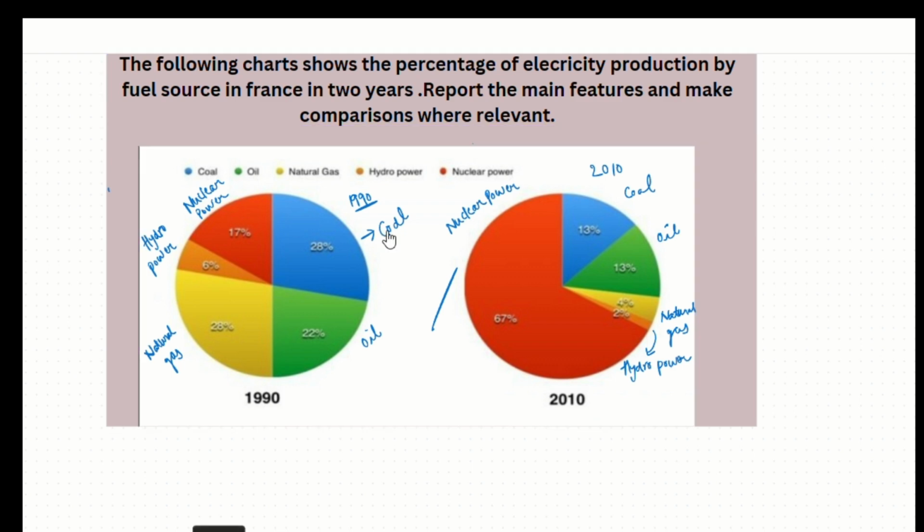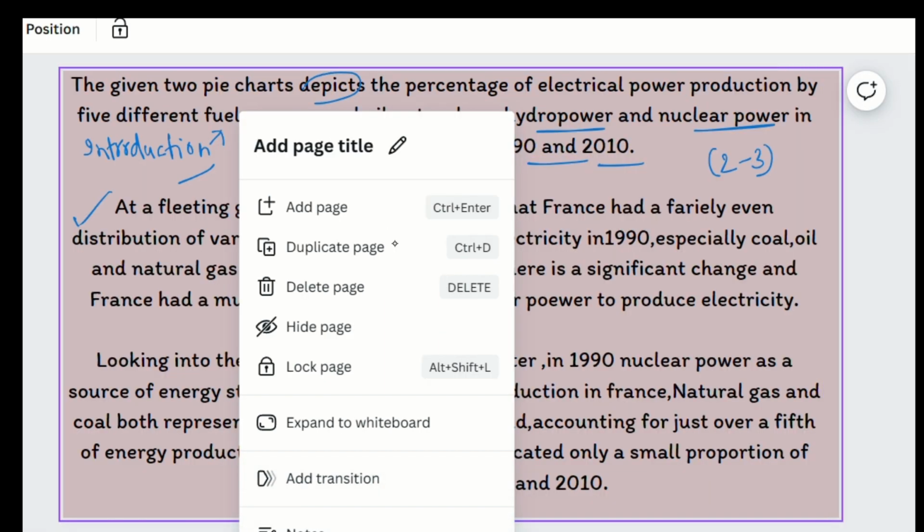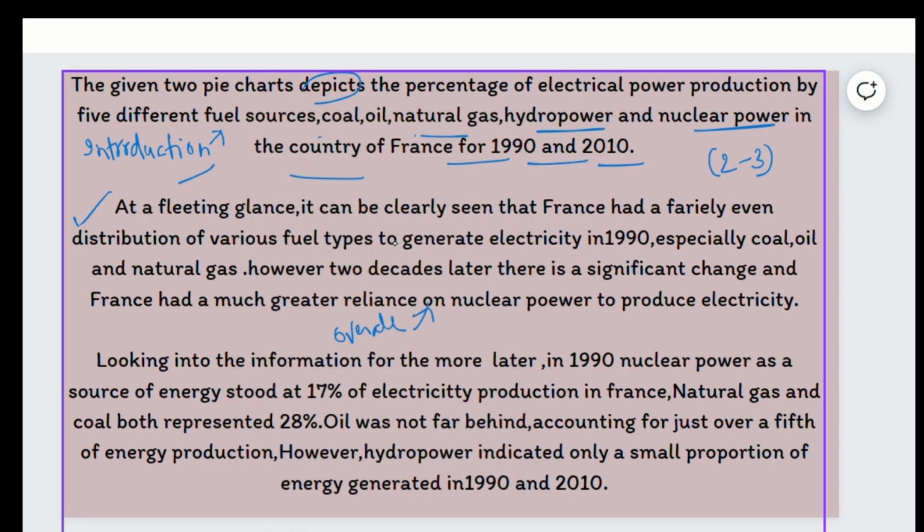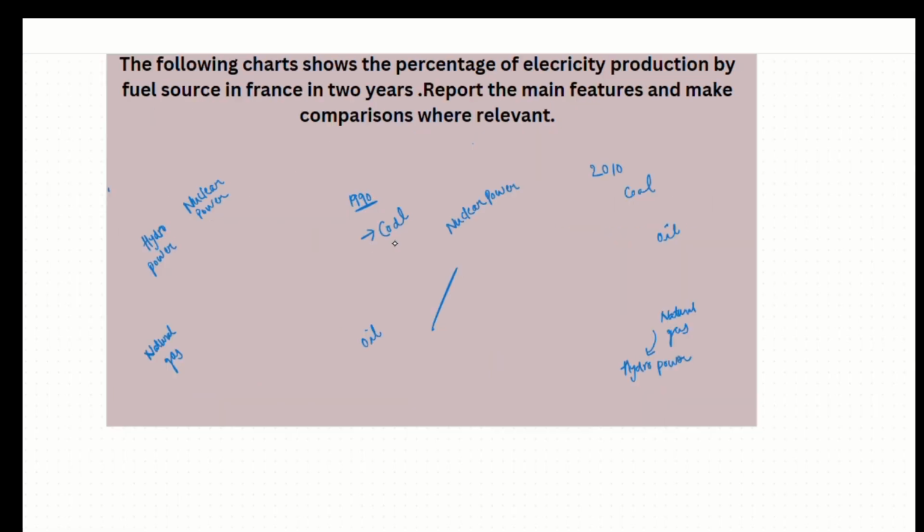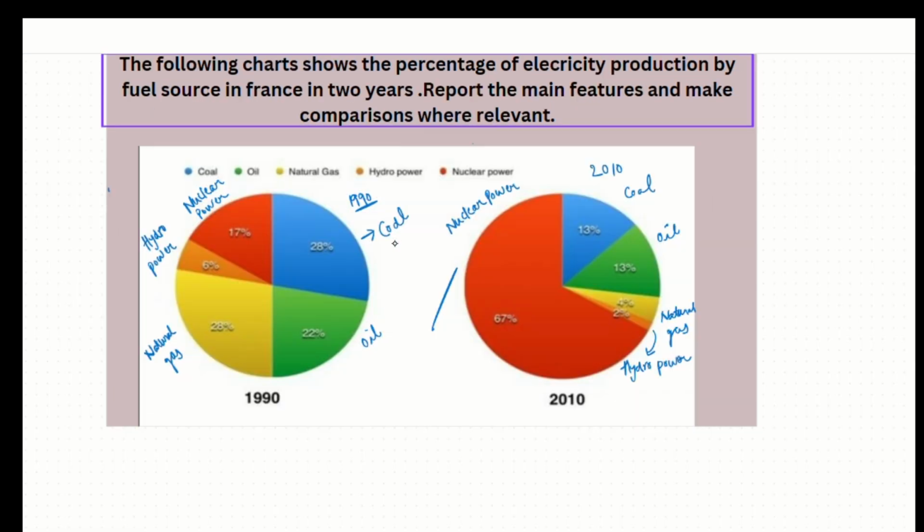So instead of 'the following chart shows', you write 'the given 2 pie charts depict', then the percentage of electricity production by fuel source in France in 2 years.